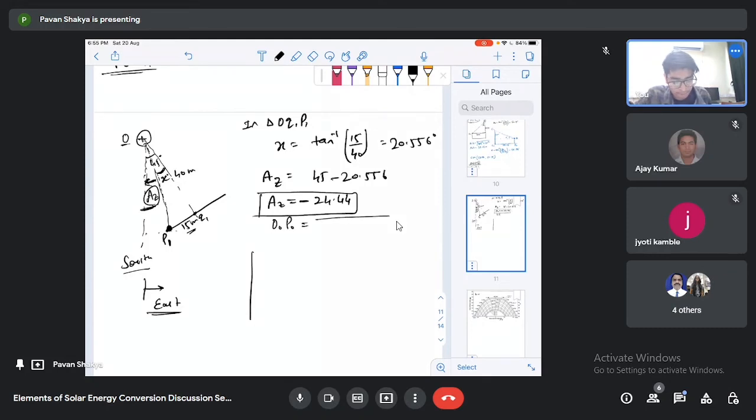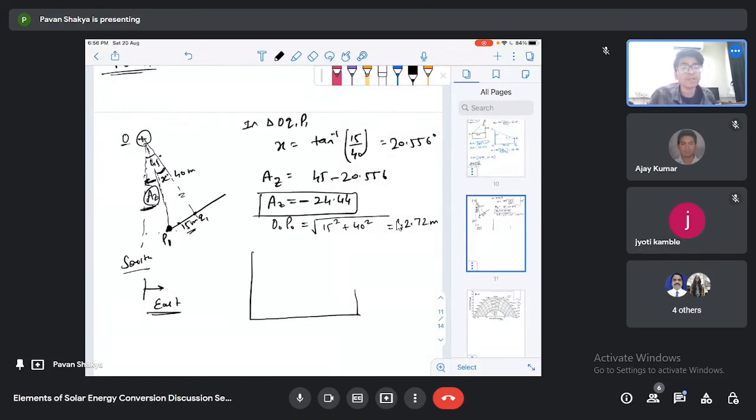That will be under root of 15 square plus 40 square. When you solve, you will find that this value comes out to be 42.72 meter.